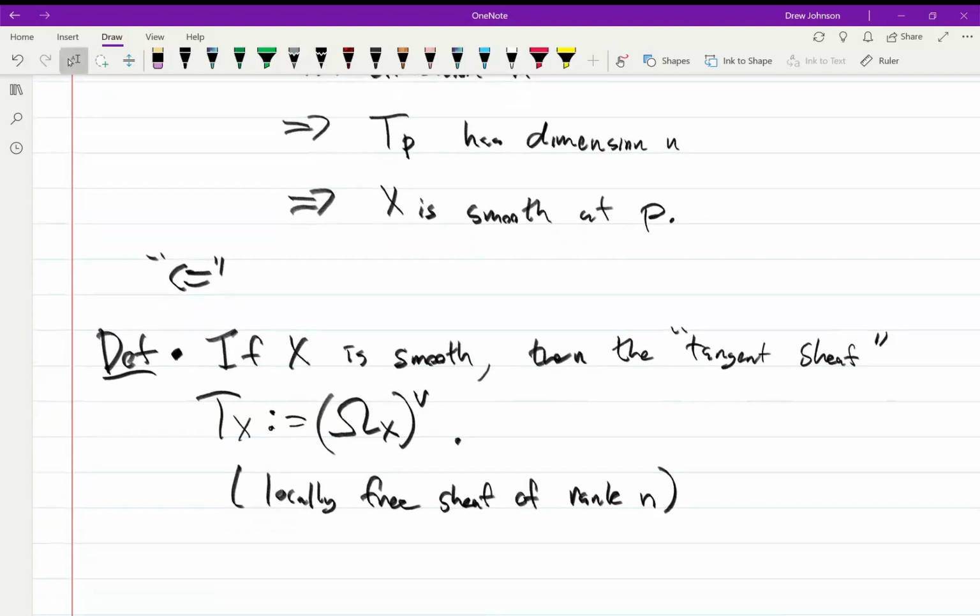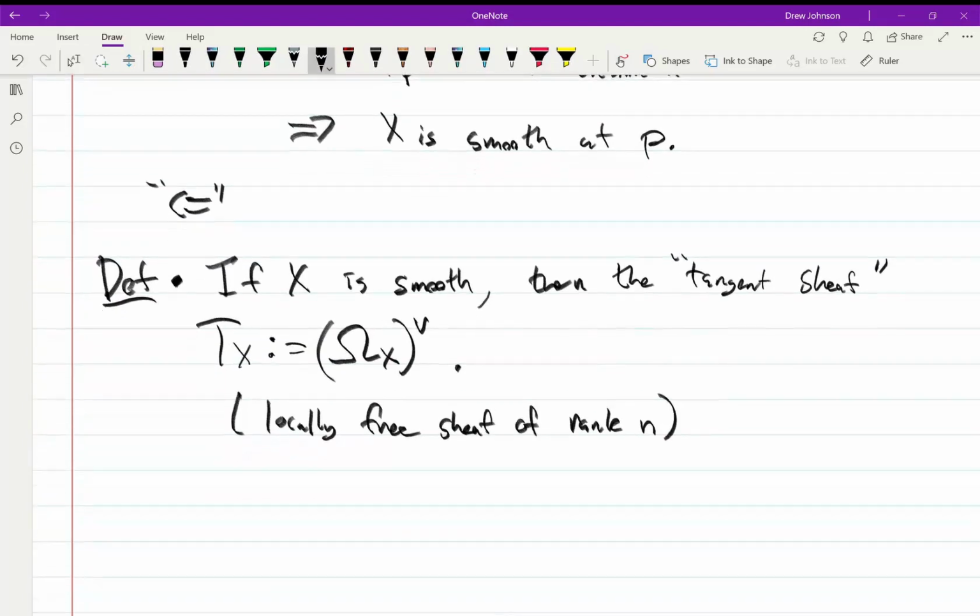Okay, I mean you can take the dual even if it's not locally free, but then it won't be as nice. When you take the dual of locally free things, you get another locally free thing of the same rank, and you don't lose any information.